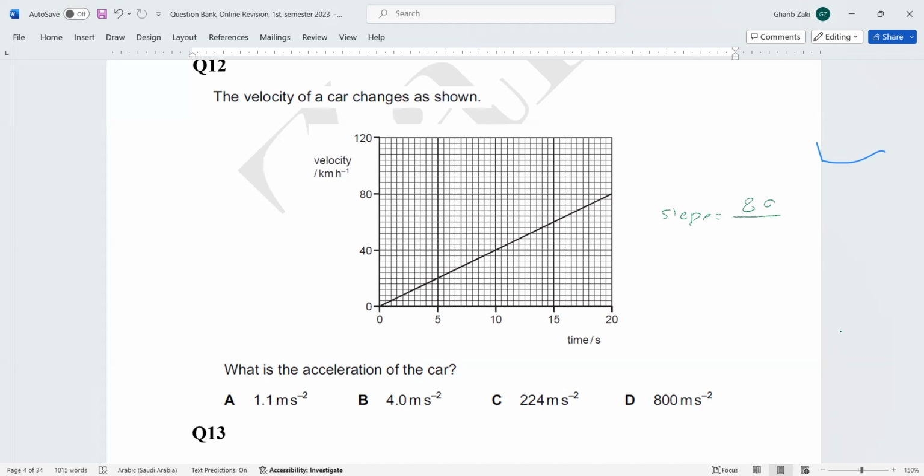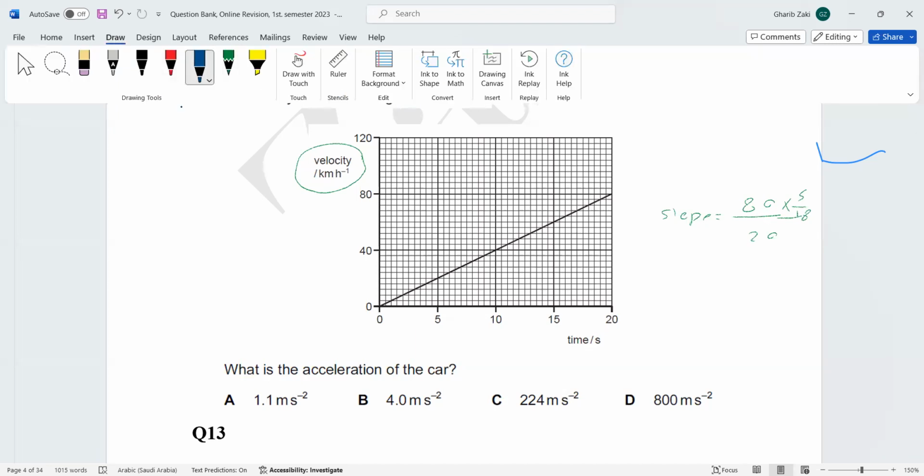But take care. Here the velocity is in kilometer per hour. Then we write 80 multiply 5 over 18 divided by the horizontal change, which is 20. Then when we do that, we will get the answer 1.1. So the correct answer here is 1.1.